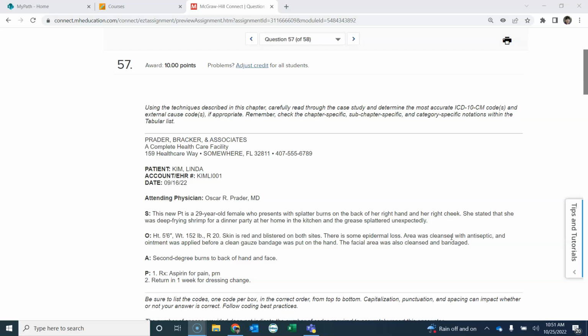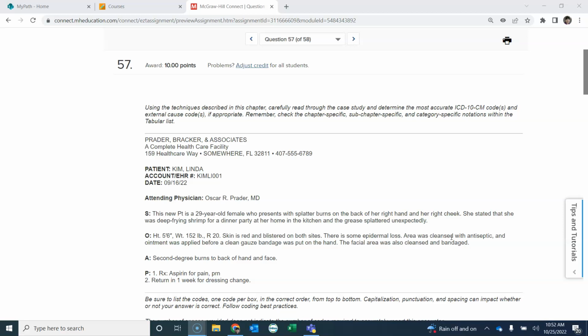Activity of cooking or baking. Okay. Because in this case, it says she was deep frying shrimp. Because if you look right under there, it says use of stove, oven, and microwave oven. Even though it doesn't specifically say she's deep frying on the stove, again, you kind of have to imply that. So Y93.G3, and it only needs 5 characters, so you've got that.